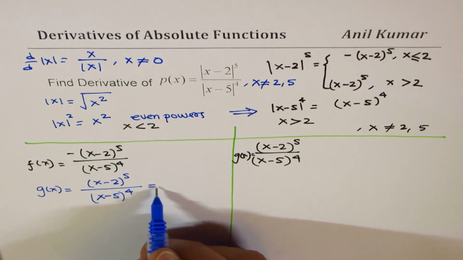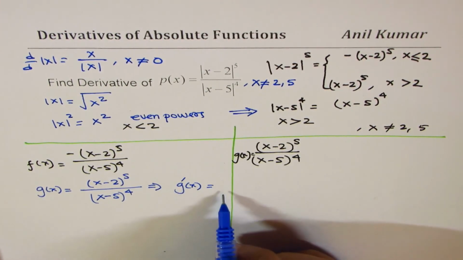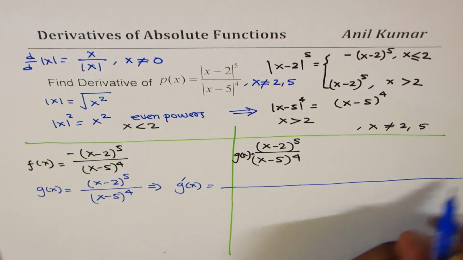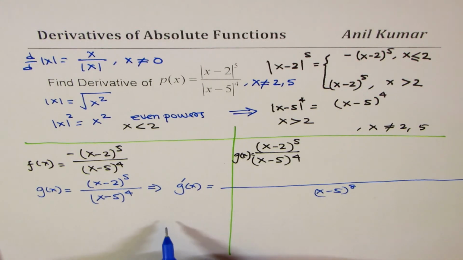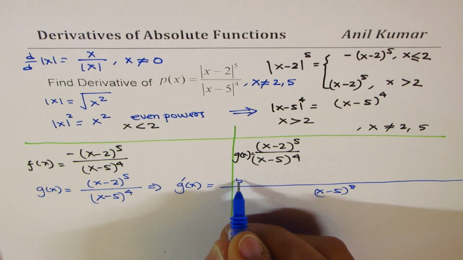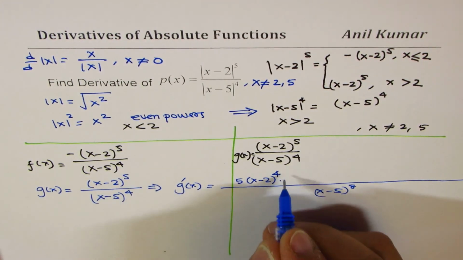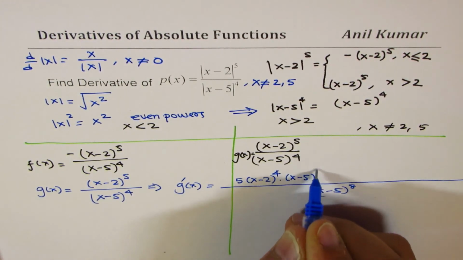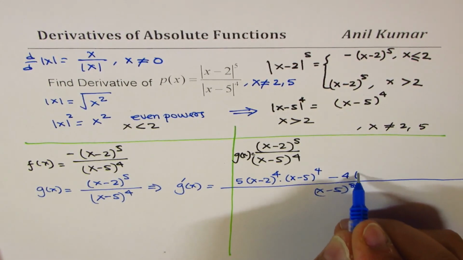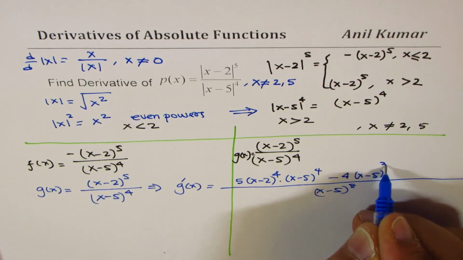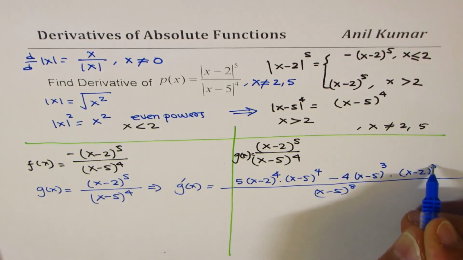So the derivative of this function should be equal to the denominator squared, which is (x minus 5) to the power of 8, times the derivative of the numerator, which is 5 times (x minus 2) to the power of 4 times the denominator, (x minus 5) to the power of 4, minus the derivative of the denominator, 4 times (x minus 5) to the power of 3, times the numerator (x minus 2) to the power of 5. Is that clear?